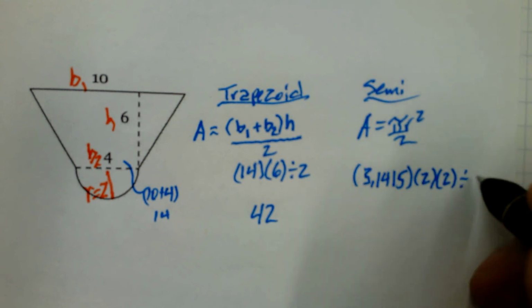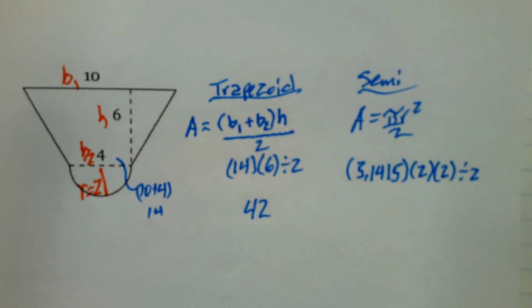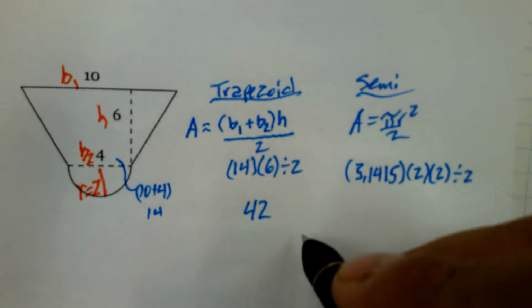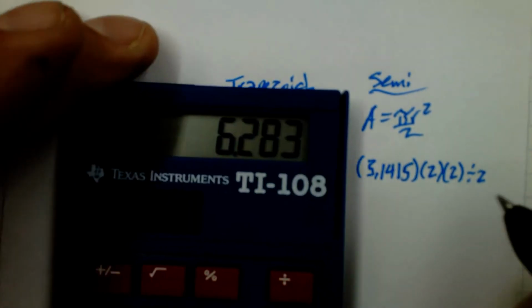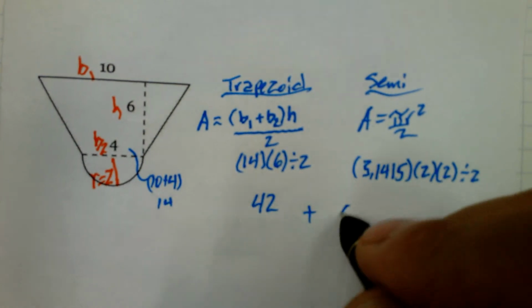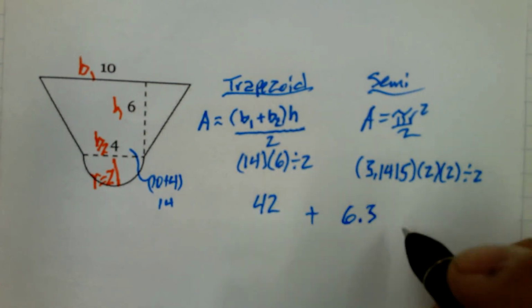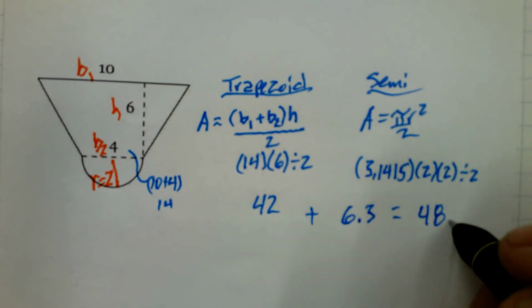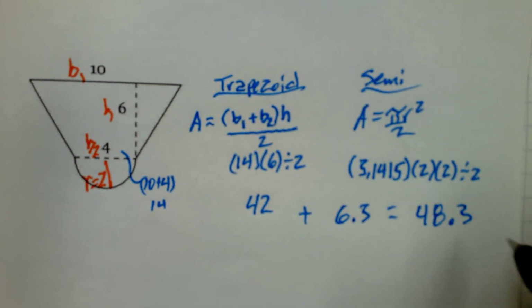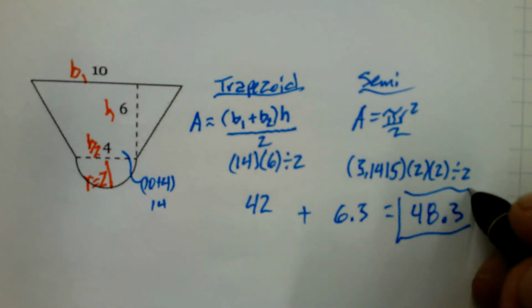And then divided by 2. What do we get there? 6.3, yeah. When we round it, 6.3. And so this is 48.3 square units, whatever units we're working in.